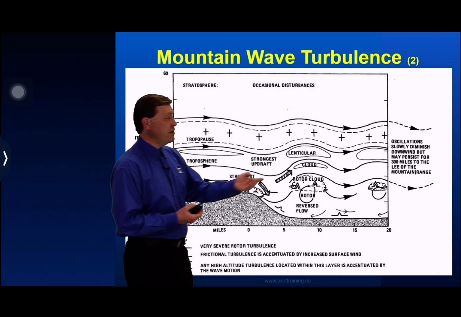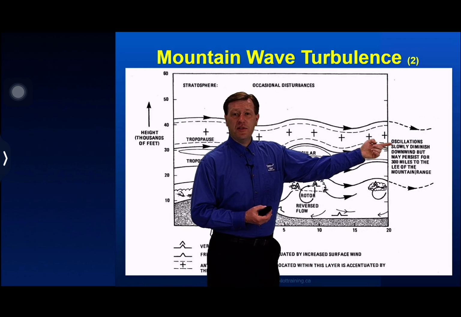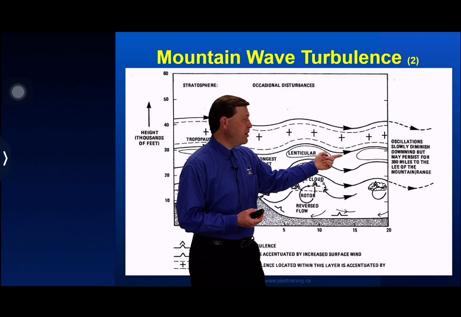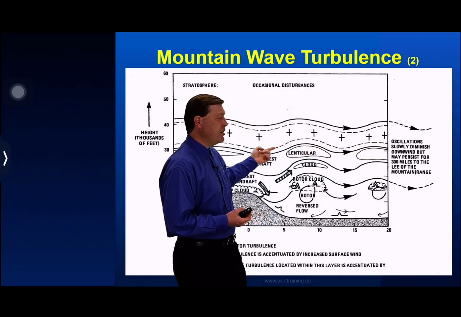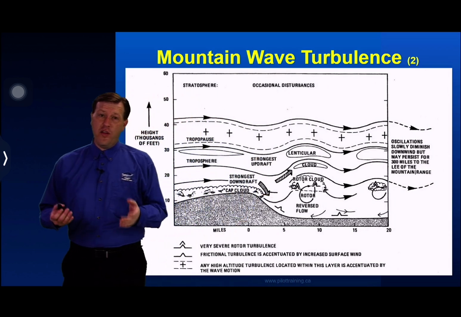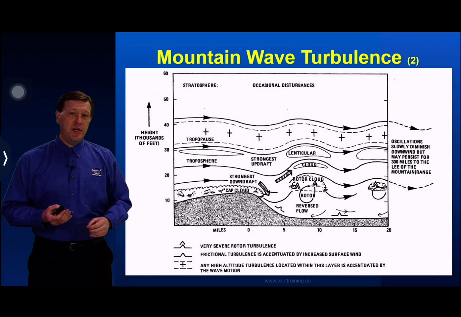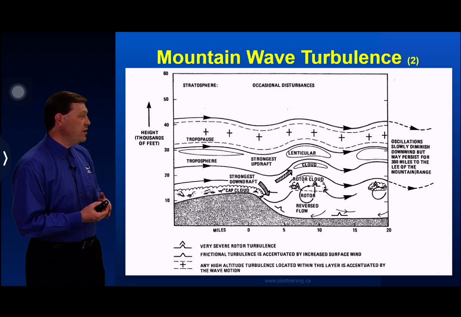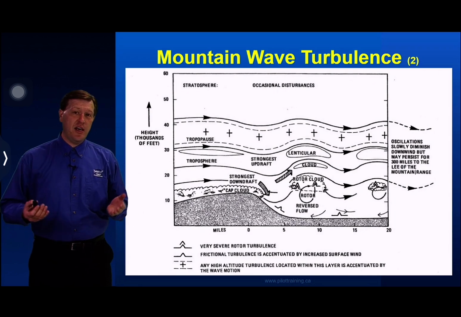In this case, because they're pretty slow, as they fly, typically they just start to move up and down gently with each wave. You typically don't feel all that much. Yes, your airspeed indicator will fluctuate a little bit as you encounter each up wave and each down wave.